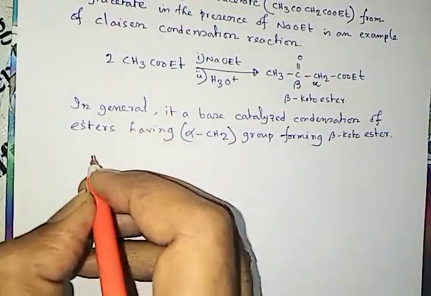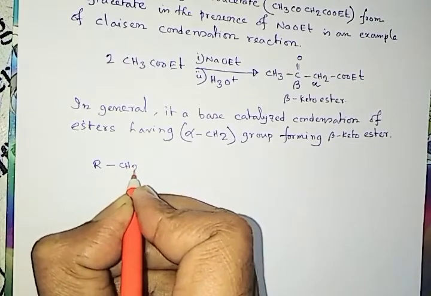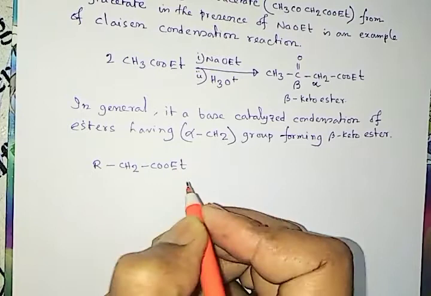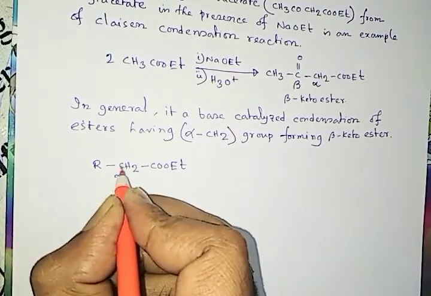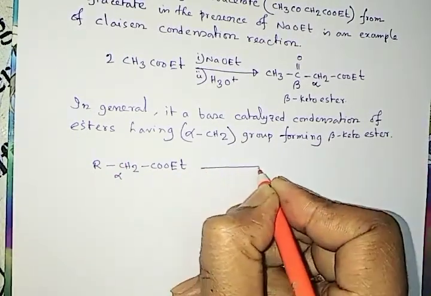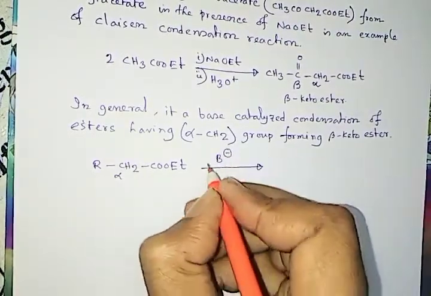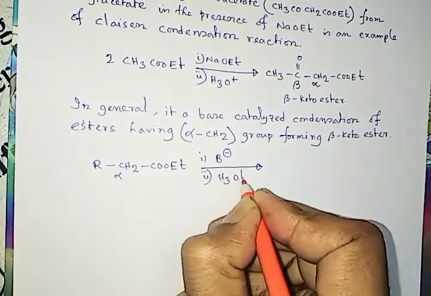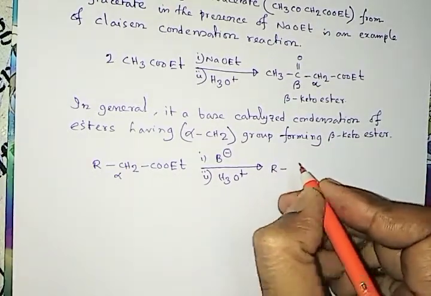The general reaction can be written as RCH2COOEt. This is an ester which has alpha CH2 functionality. This reacts in the presence of base in the first step, and in the second step acidic workup, to produce a beta keto ester.